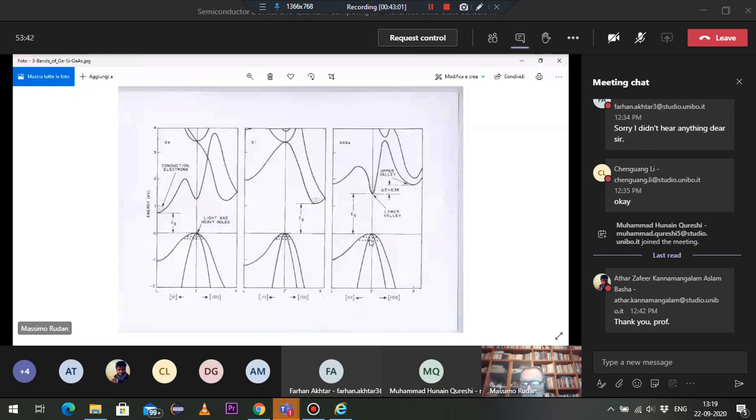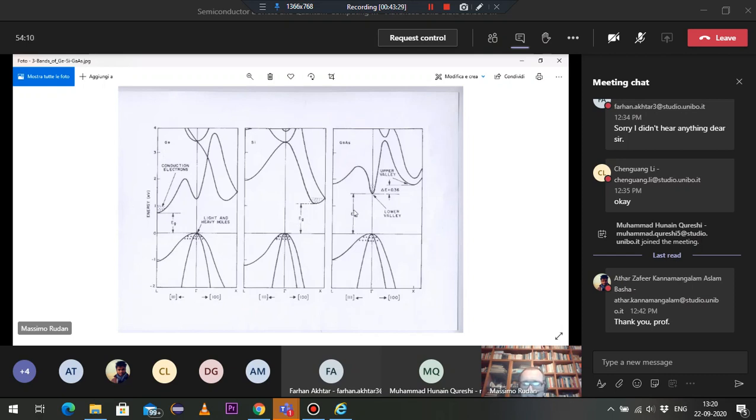And this is called emission, okay? So these types of interaction with the electromagnetic field are much more probable in a direct semiconductor, and they have instead a very low probability in an indirect semiconductor like silicon or germanium, okay?